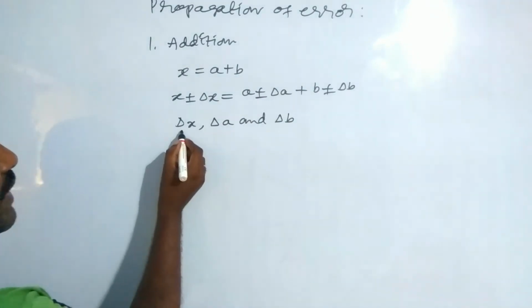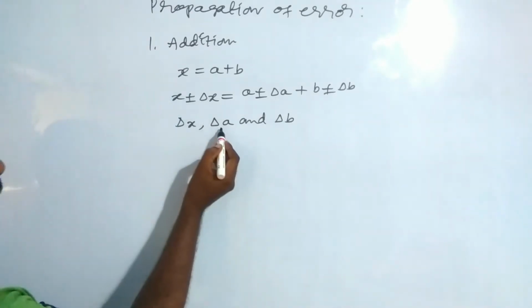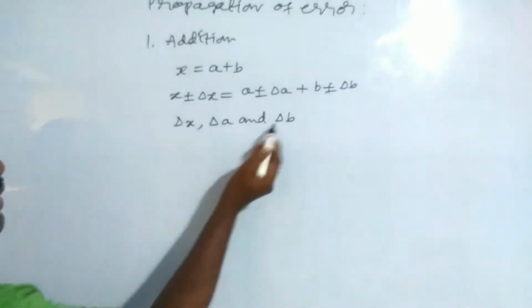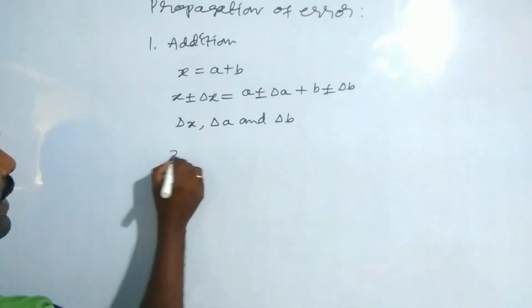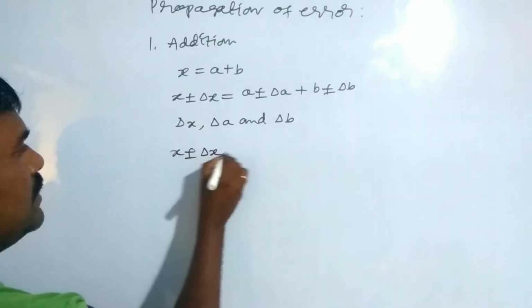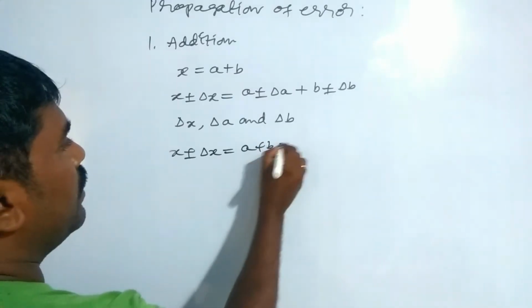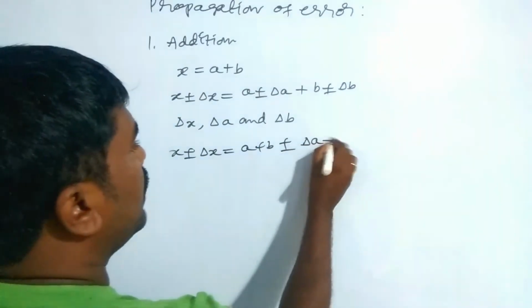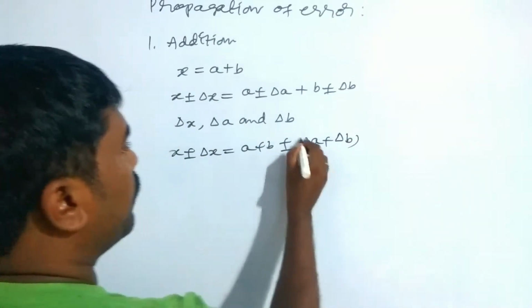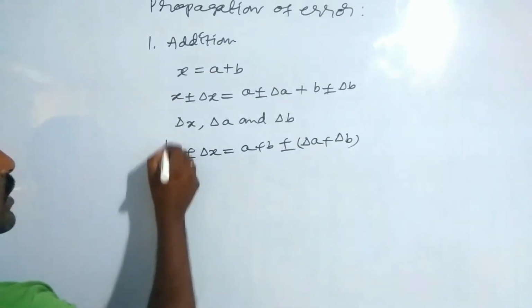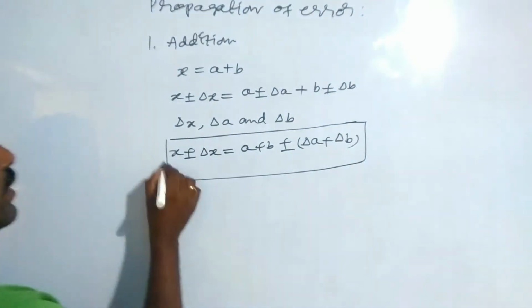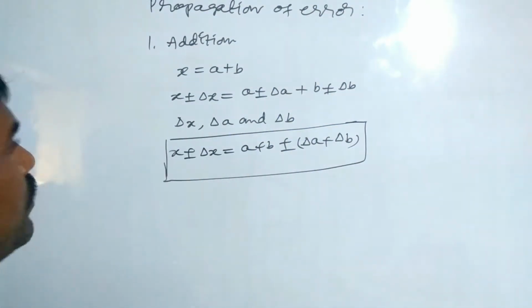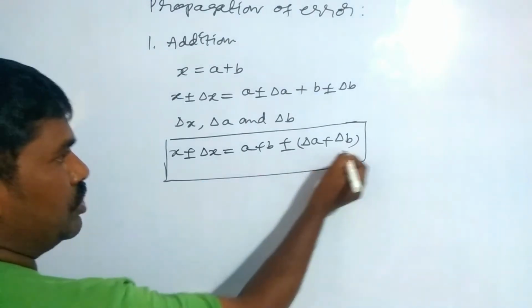Then x plus or minus delta x equals a plus b plus or minus delta a plus delta b. This is the propagation of the error in the case of addition. You have to remember this one.